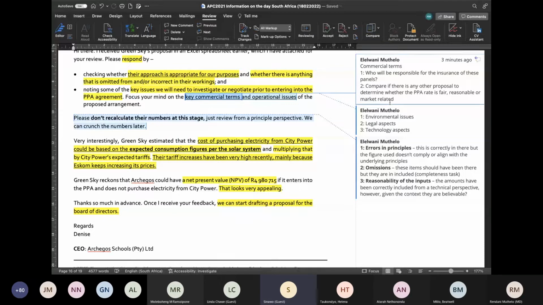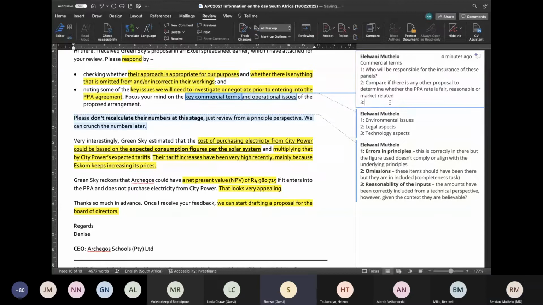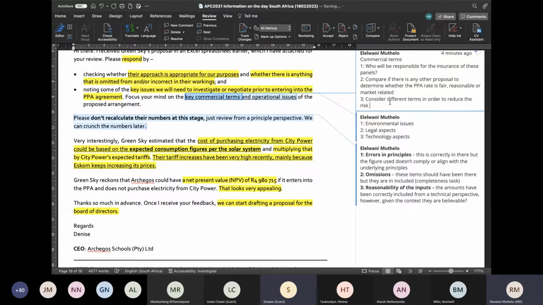Since this is a new project, wouldn't it be wise to go for a shorter term and see if it's working for our business? And if it's not, then we can pull out. But then as Green Sky, I'll say, why don't you just suggest 5 years with me? So consider different terms in order to reduce the risk and assess the viability of this.